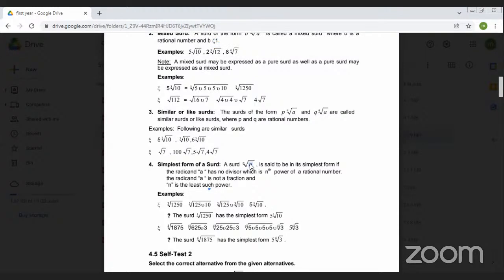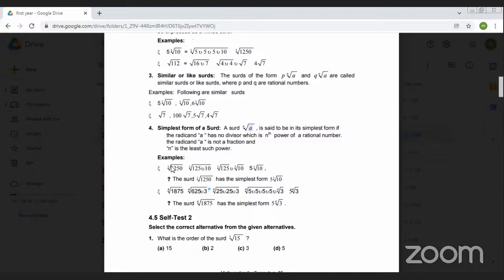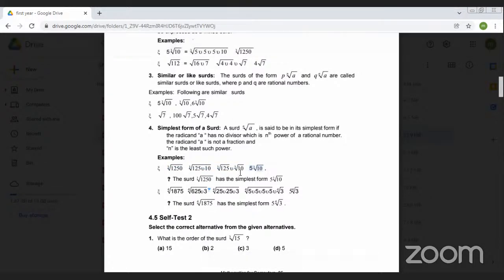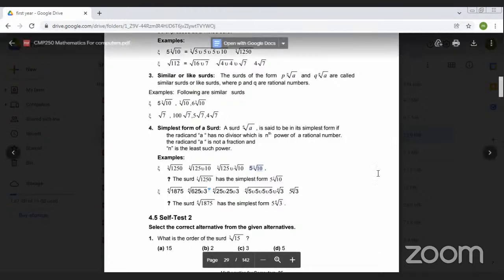Here it shouldn't be a fraction, and n is the least such power. For example, see, if you are having cube root of 1250, so 1250 is what? 5 cube times 10. So obviously the simplest form of this surd will be 5 cube root of 10.